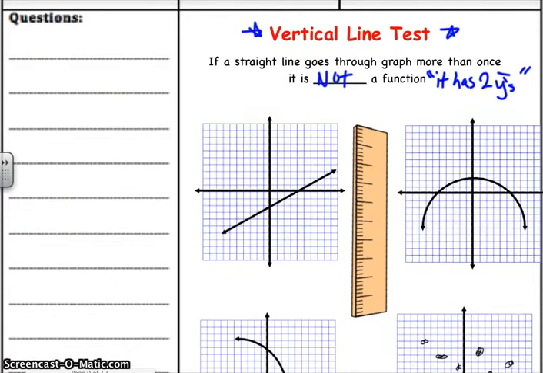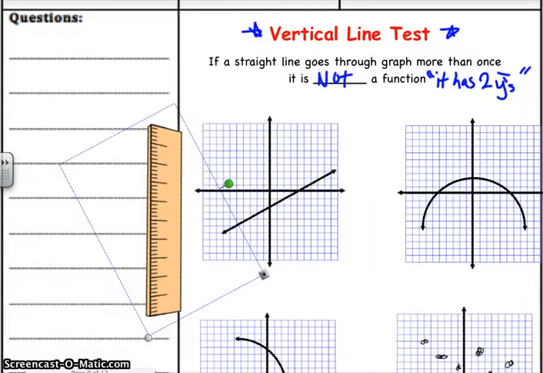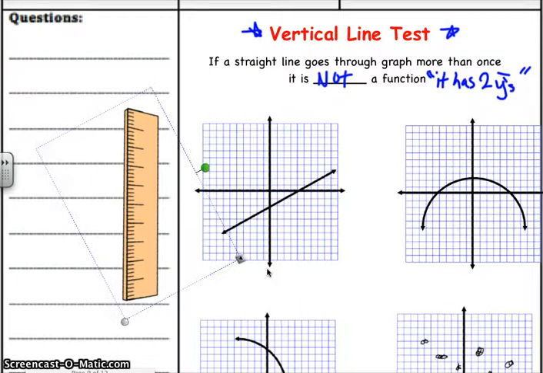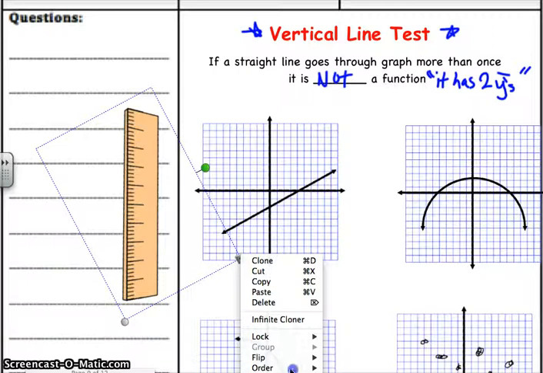And how I do this, now I just have this ruler here, but I usually use my fingers when I'm given a computer screen or something, or even I would use my pencil on your homework for today. You can use your pencil too. I have to flip this to the front, because notice it goes behind it, so I have to tell the computer that this is the most important.